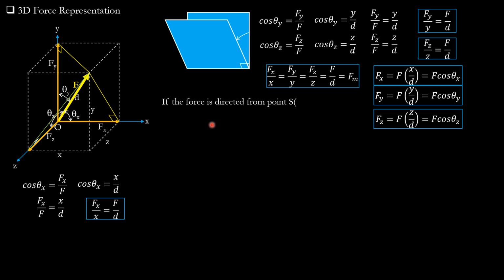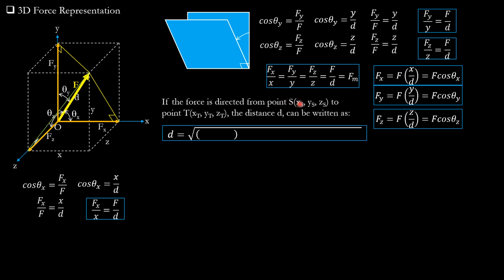Therefore, if the force is directed from point S, the starting point, with coordinates xs, ys, zs, to point T, the terminal point of the force, xt, yt, zt, the distance d can be written as d equals the square root of the quantity xt minus xs squared, plus the quantity yt minus ys squared, plus zt minus zs squared. Of course, the first two terms are in 2D: delta x squared plus delta y squared.